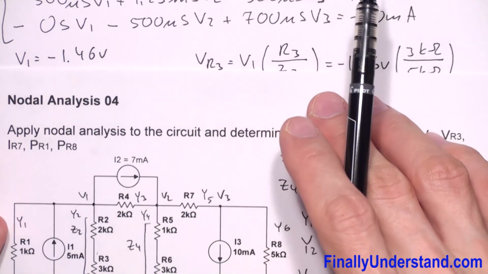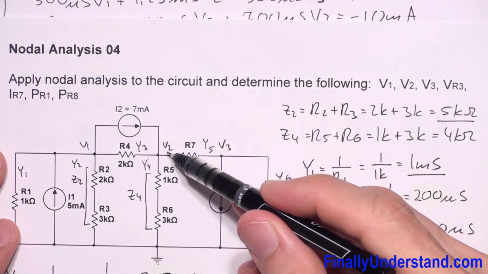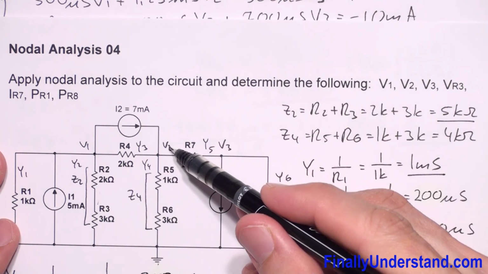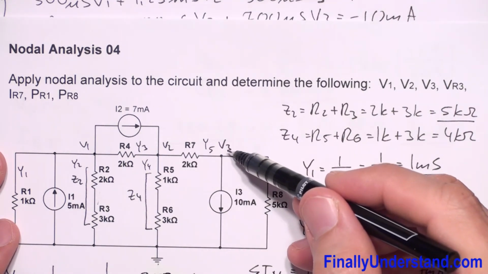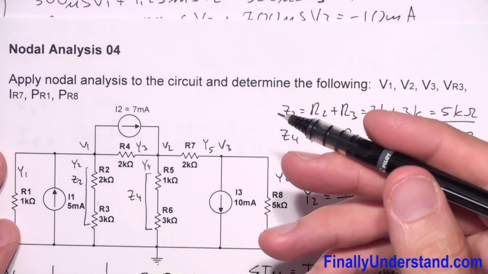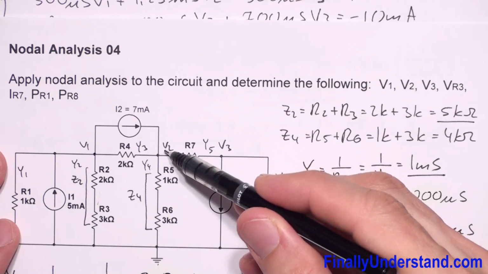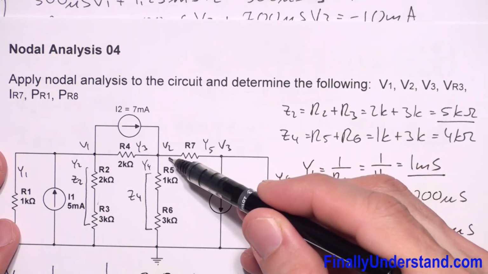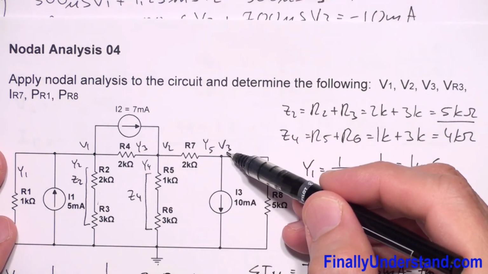And keep in mind that we use nodal analysis, so the higher potential is at V2 and the lower potential is at V3. So if we use the conventional current flow, we say that the current flows from the higher potential to the lower. So the current will go in this direction from V2 to V3.